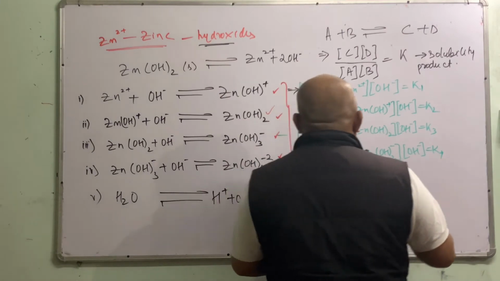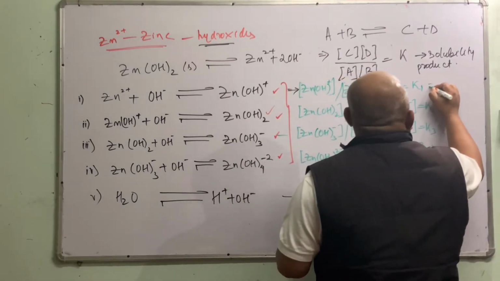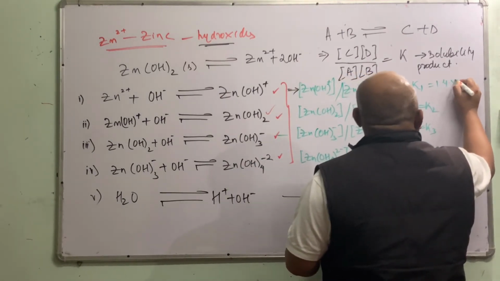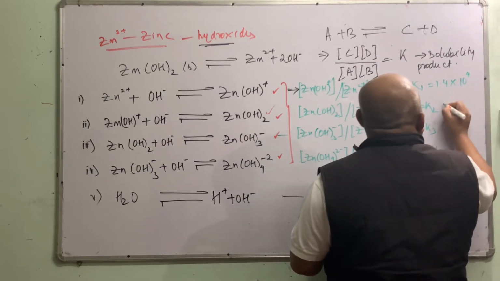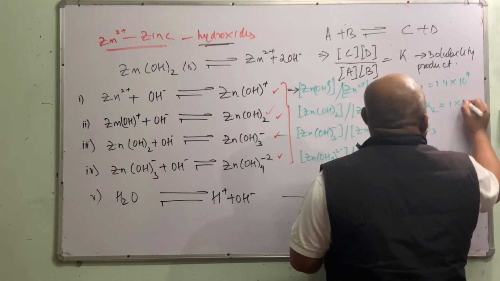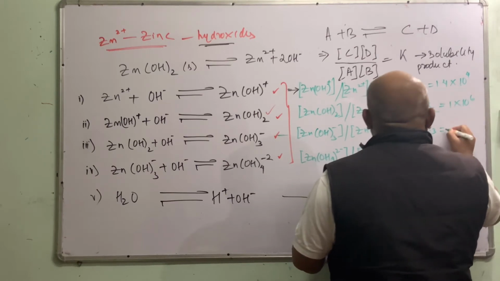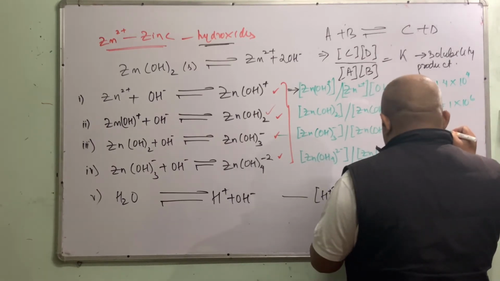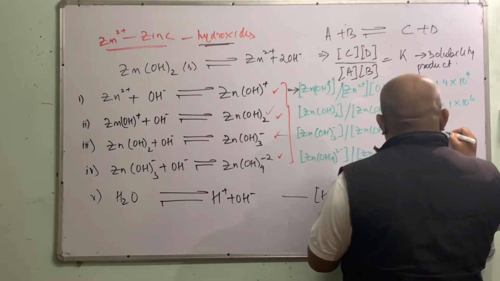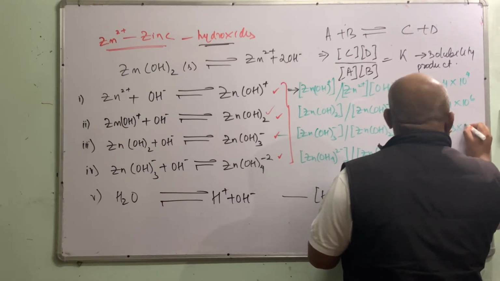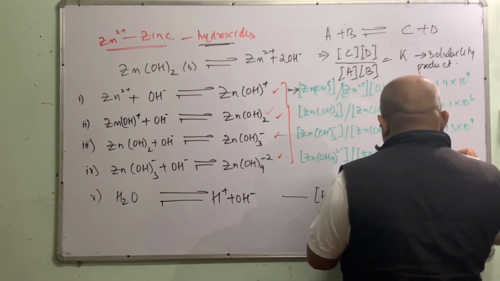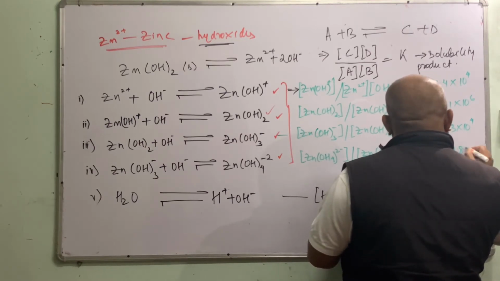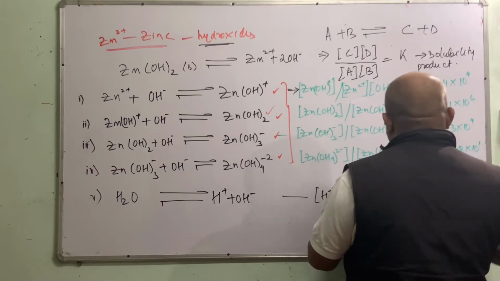This is 1.4 into 10 to the power 4. This is 1 into 10 to the power 6, this is 1.3 into 10 to the power 4, and K4 is 1.8 into 10 to the power 1.